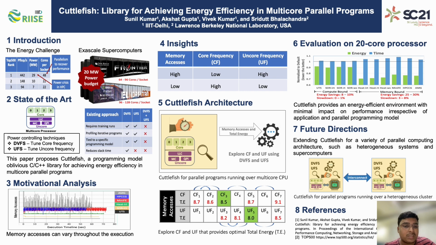In this case, CF3 is the optimal core frequency, and the same algorithm is run for finding the optimal uncore frequency also. Here you can see UF5 consumes the least energy. So UF5 and CF3 are the optimal frequencies.